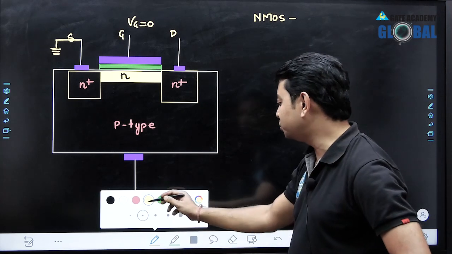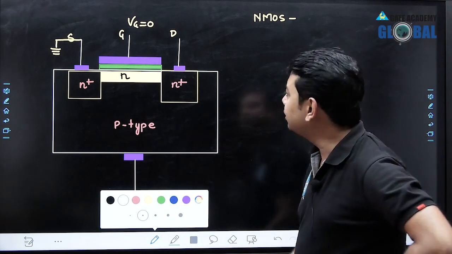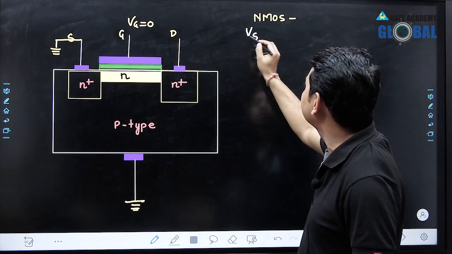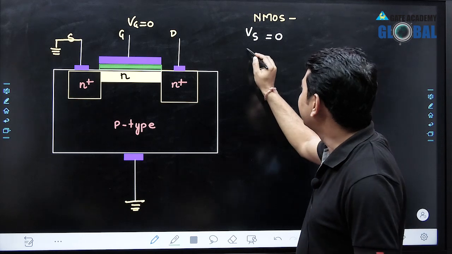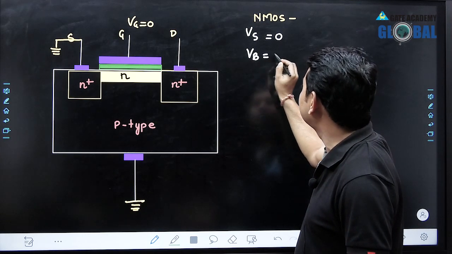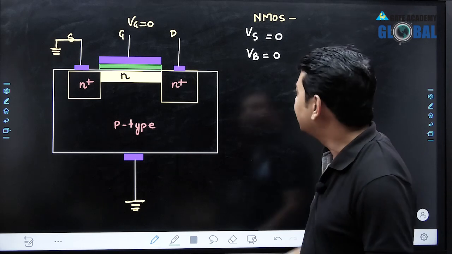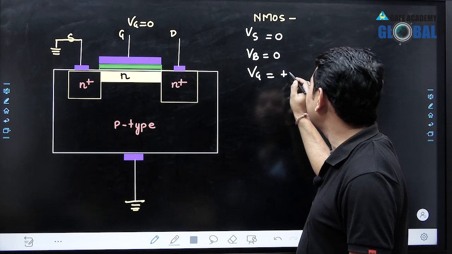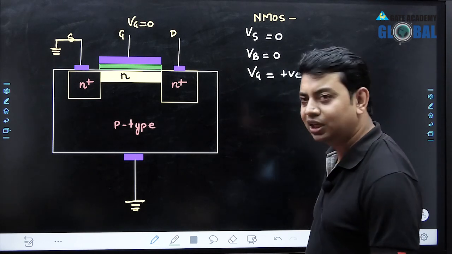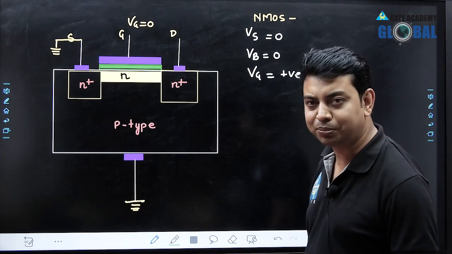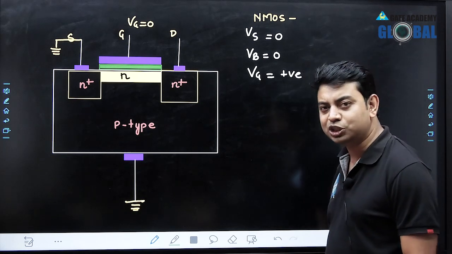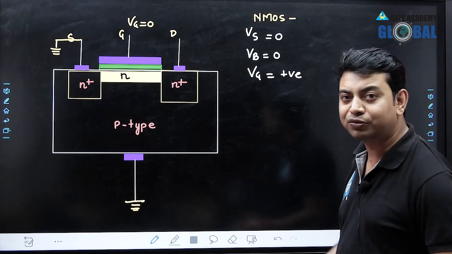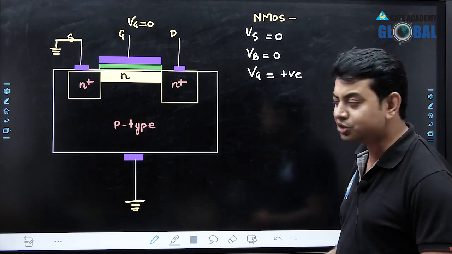So one by one, we understood that there are 4 terminals, and if you are talking about NMOS, then the source terminal potential Vs should be equal to 0, and the body terminal potential is also equal to 0 in practice, and the gate terminal voltage is positive, because in the case of enhancement type MOSFET we want to create a layer of conductive path on the surface of the semiconductor.